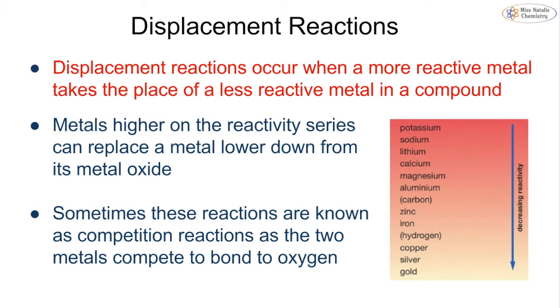So a displacement reaction occurs when a more reactive metal takes the place of a less reactive metal in a compound. So the metals that are higher on the reactivity series can replace a metal that is lower from its metal oxide. And these are sometimes known as competition reactions because basically what's happening is these two metals are competing or fighting to bond to the oxygen.